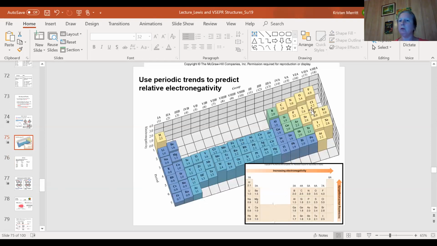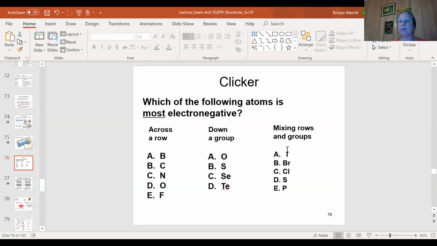The chlorine is going to be more than iodine and bromine because it's higher. Sulfur and phosphorus were the other two choices. Well, chlorine is to the right of sulfur and phosphorus, and it's above iodine and bromine, so it has to be in that list the most electronegative. So pull up your own periodic table, and follow this trend, and you should be able to see that chlorine is the most electronegative.